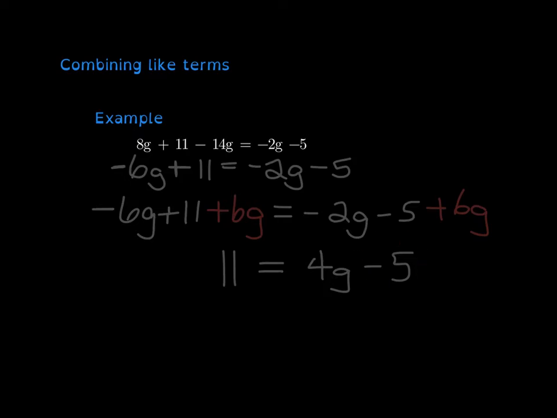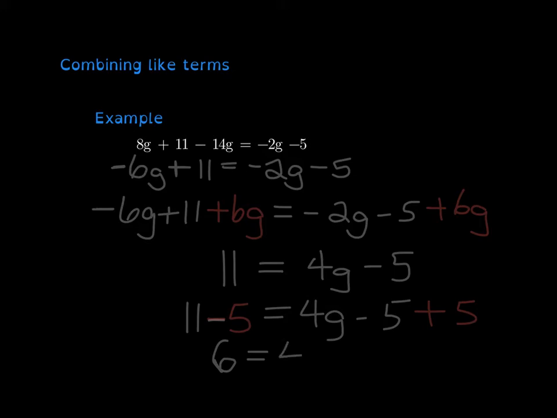We'll do that by adding 5 to both sides. And on the left, 11 minus 5, that's 6. On the right-hand side, 4g, subtract 5, add 5, those two cancel out, so we're just left with 4g.